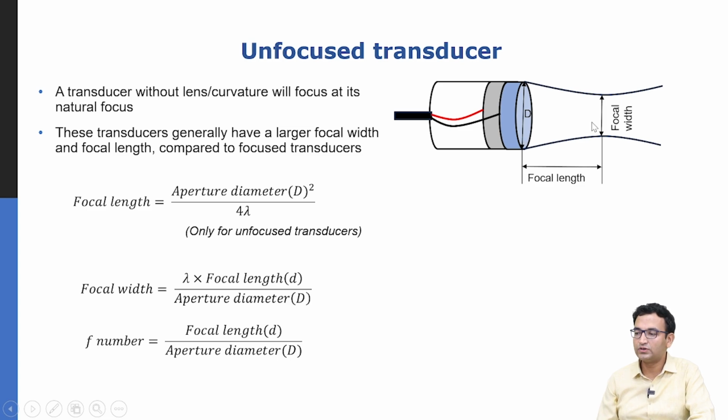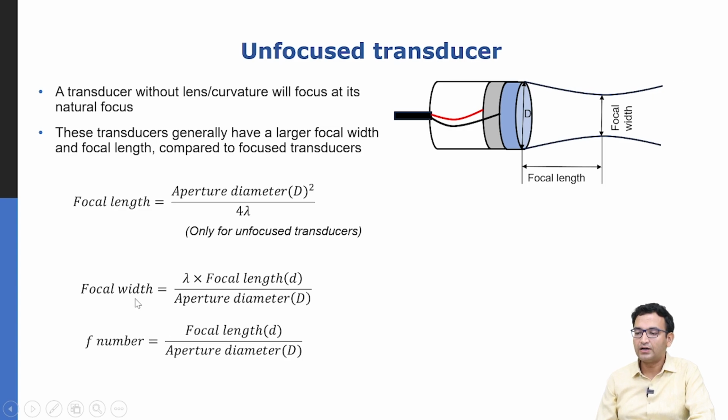So, again it is confusing because on one hand we are calling it an unfocused transducer, but typically we use the term natural focus. The natural focus is given by the aperture diameter squared divided by 4 lambda, and this formula again, remember, is only valid for this type of transducer which does not have a lens or does not have a natural curvature which leads to focusing.